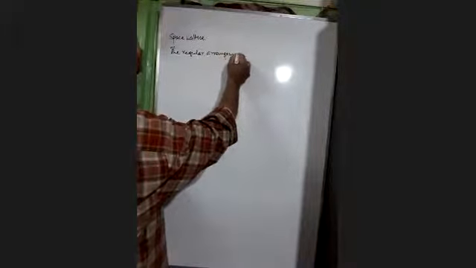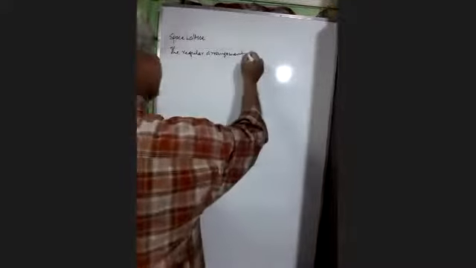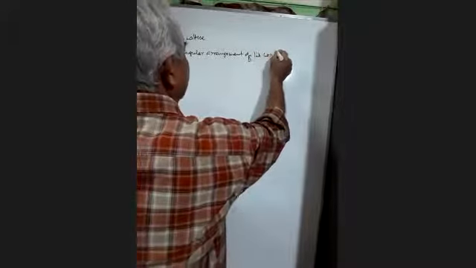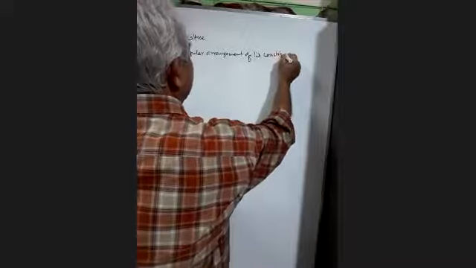The regular arrangement of the constituent particles. Why are you using the word particles? Because we have already seen that crystals can be made of atoms, of ions, and of molecules.